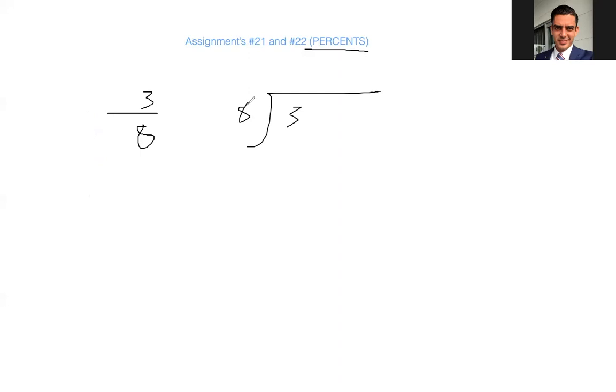So does 8 go into 3? No, it doesn't. So we add a 0. When we add a 0, we put a decimal up here. And then now you have to figure out, how many times does 8 go into 30? It'll be 3. So 3 times 8 is going to be 24. Subtract that. So 30 minus 24 is 6.